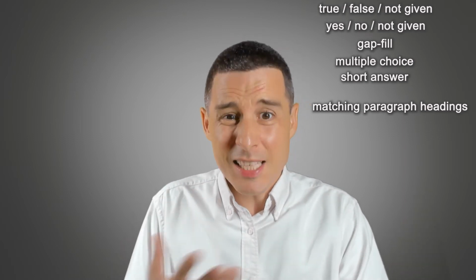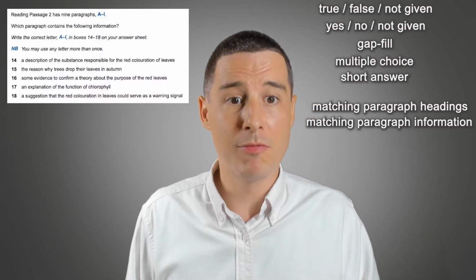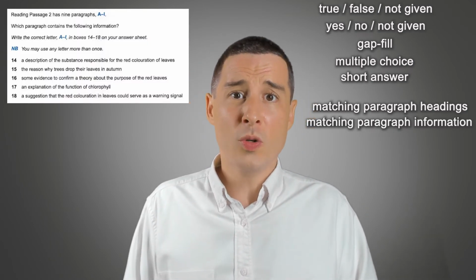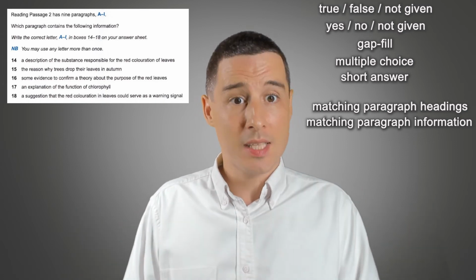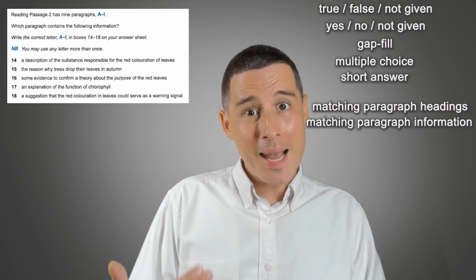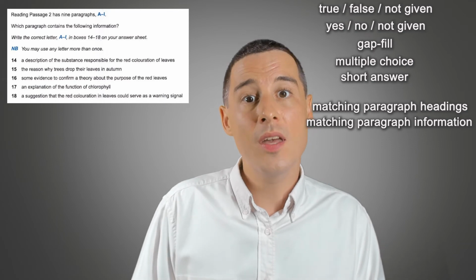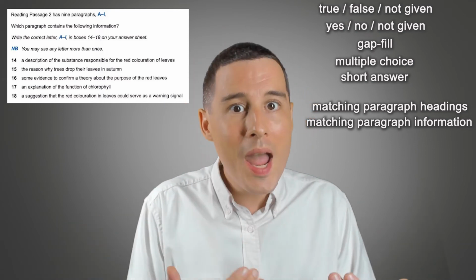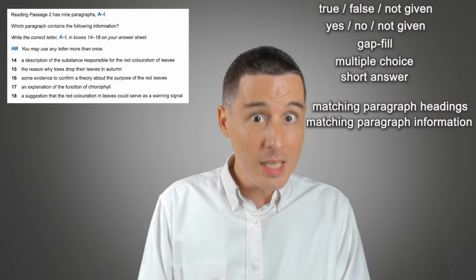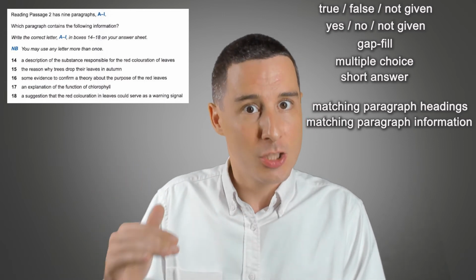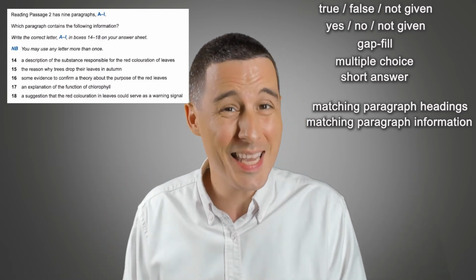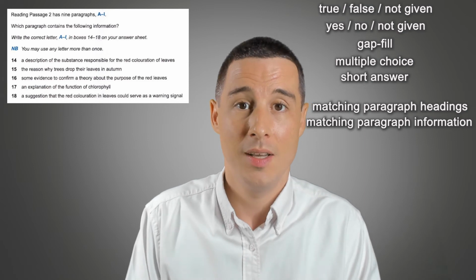Now, another type of question, similar to matching the paragraph headings, is matching paragraph information. So, of course, they give you some statements here, and then you have to match those statements with the correct paragraph, where that information is in the passage, which paragraph contains that information.